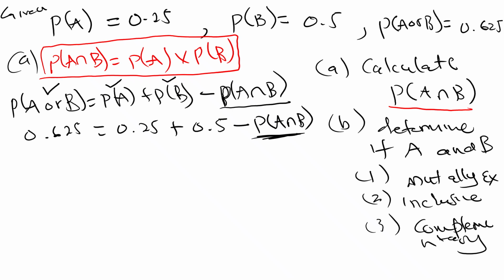So you can either take the probability of A and B across and take 0.625 to the right-hand side, or sum these and take them across. So I just take B this side, the probability of A and B would be equal to 0.25 plus 0.5.